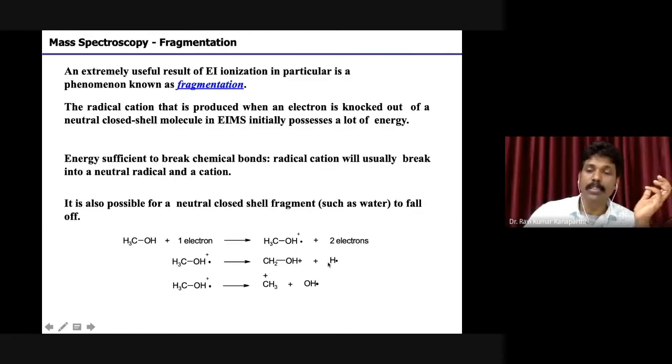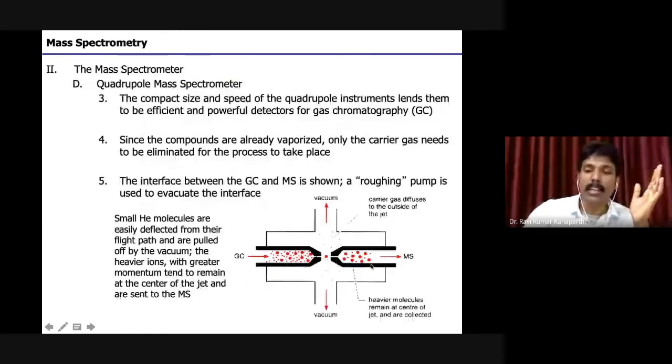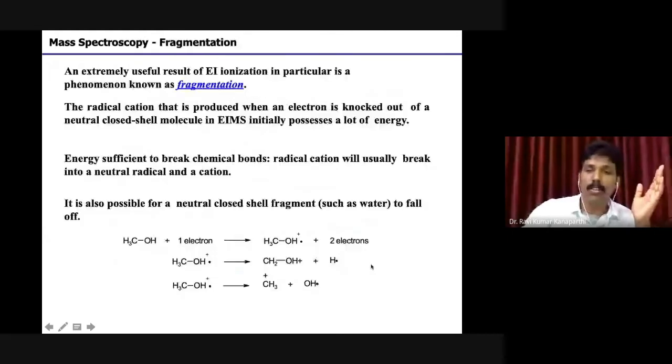If you see a peak at 31, it means it lost one hydrogen radical. The hydrogen radical itself doesn't show. In the same spectrum, the peak at 1 will not be seen, and similarly the peak corresponding to the other neutral fragment cannot be seen. But a peak corresponding to this one will be seen.